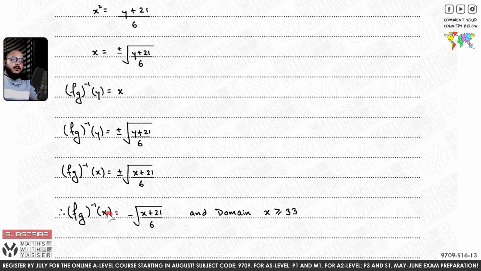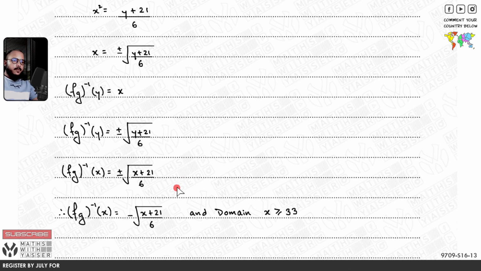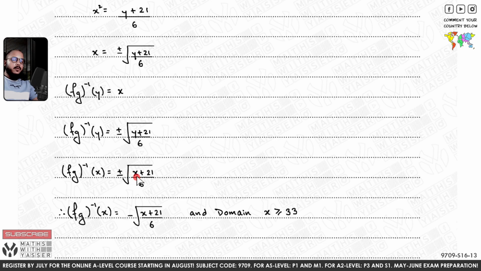But since our domain for the composite function was x is less than or equal to -3, we should not be taking the positive value because it will go into the positive direction. We have to take the negative, so it gives you values which are negative basically. So it will be negative square root of (x plus 21) over 6.